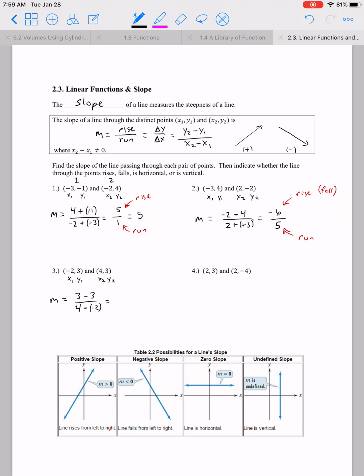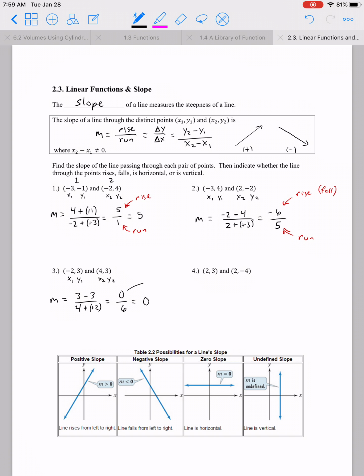The very first thing that happens is you have 3 minus 3 on the top, that's a 0, over 4 minus negative 2, which is 4 plus 2, over 6. And anything that you have a 0 over top of, 0 divided by anything, is just going to be 0. And what this is telling you is that we have a slope of 0.